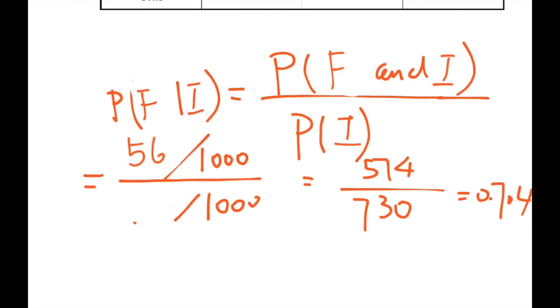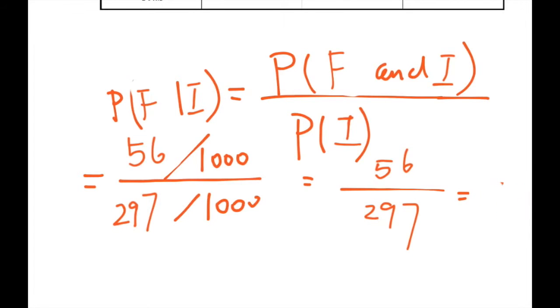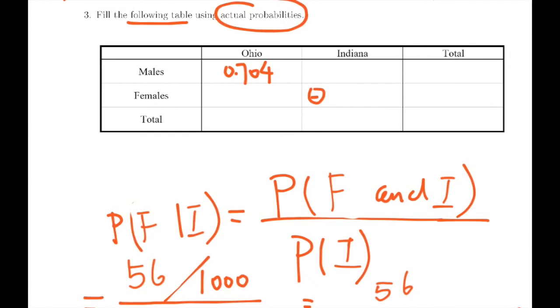Then the probability of a person from Indiana is 297 divided by 1,000. So we have 56 divided by 297, and its value is 0.303. So we're going to fill in this box with 0.303.